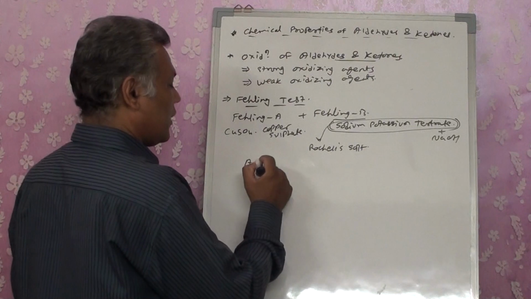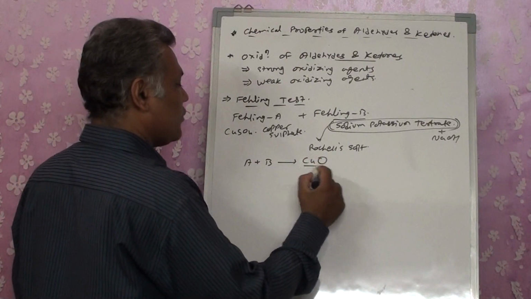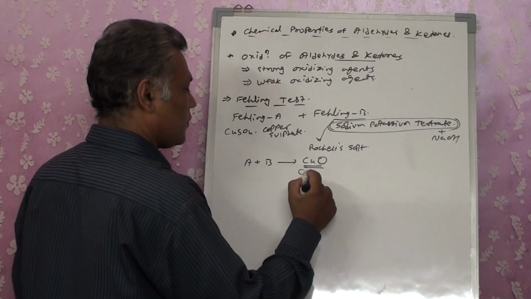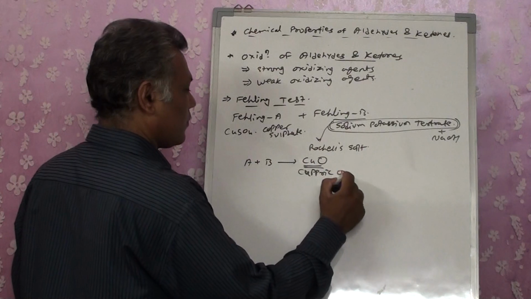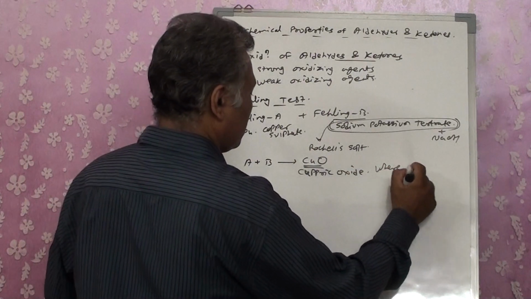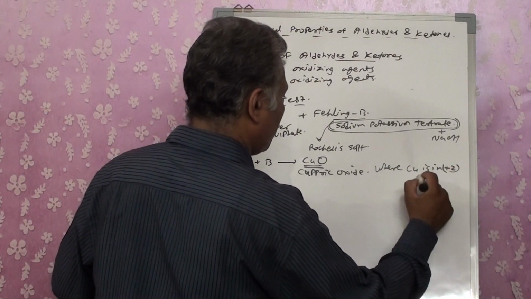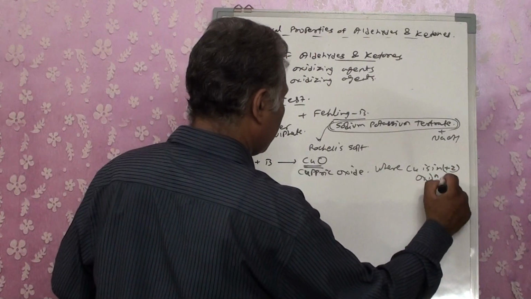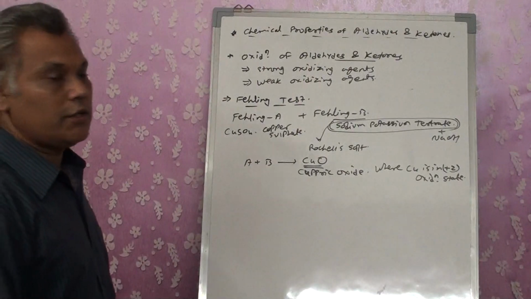Now, when you get A plus B, it produces CuO, cupric oxide, where Cu is in +2 oxidation state.